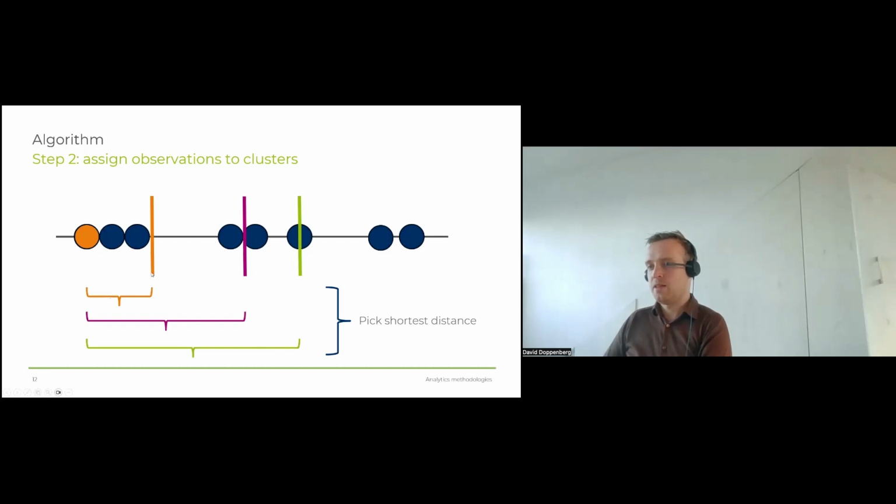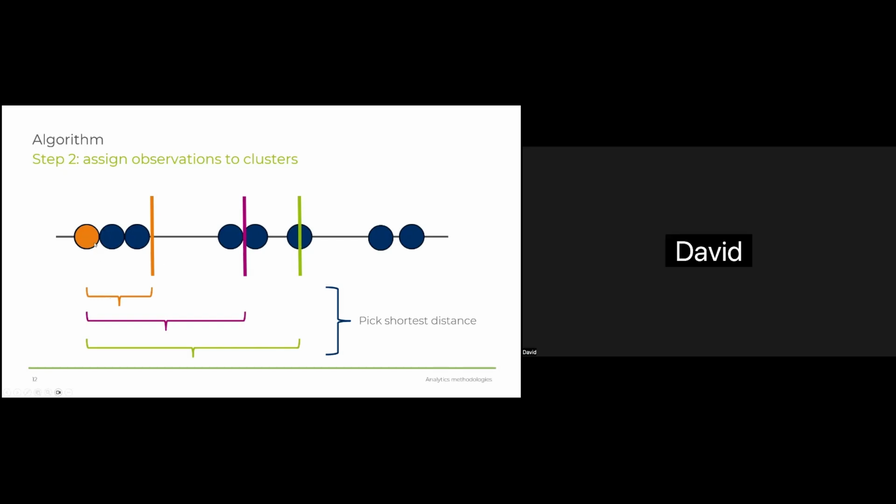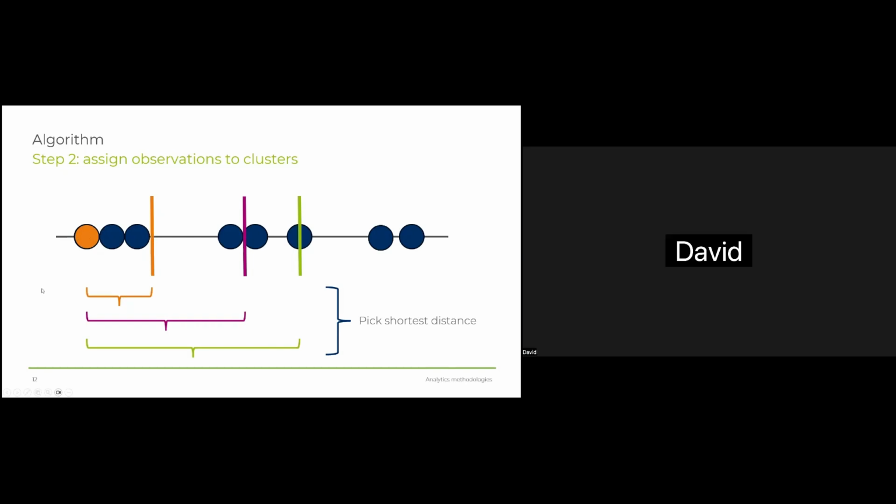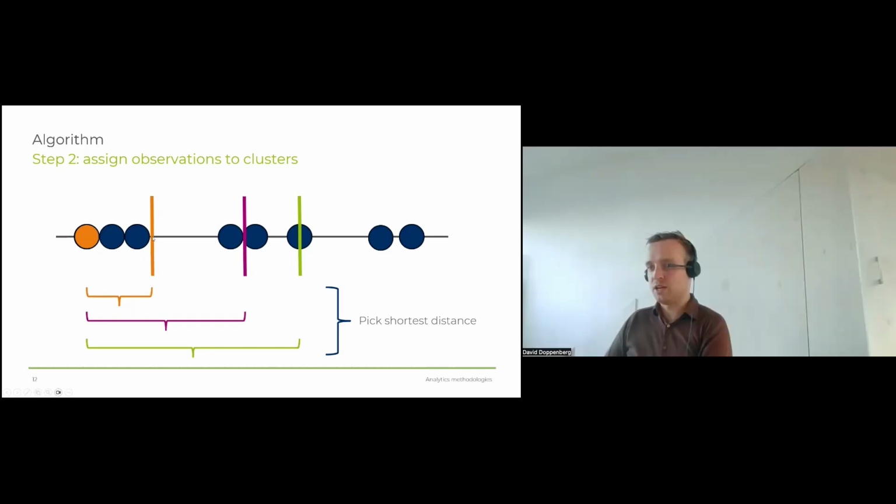Then you have the observation, so you can calculate the distance to the centroid. Basically the distance from here to there, which is this bit. Yes, exactly. So this bit is the centroid. I don't have any unit of measurement, but it's basically this distance, and then I'm just going to pick the minimum one.